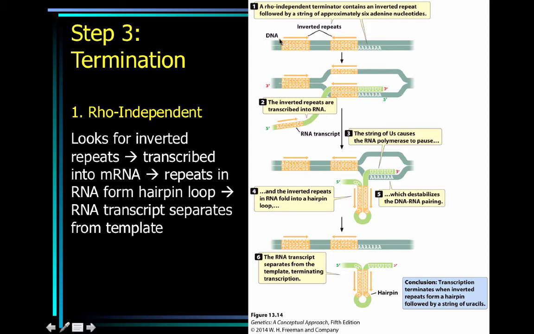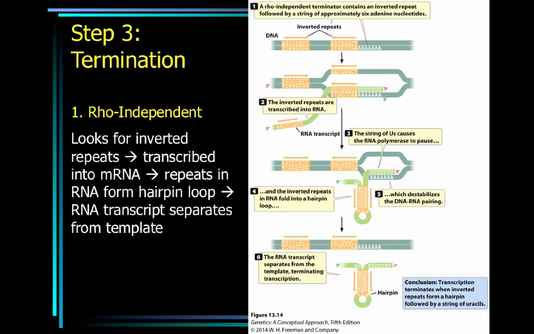So first of all, in Rho-independent termination, the DNA is going to contain several inverted repeat sequences, and these are going to be followed by approximately 6 adenine nucleotides, so 6 A's.